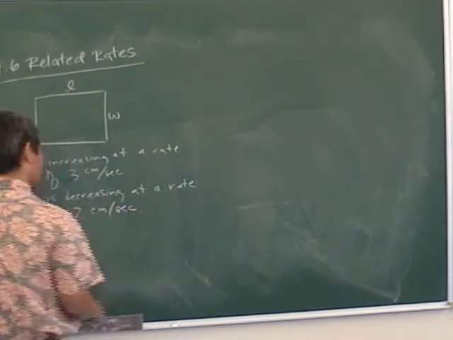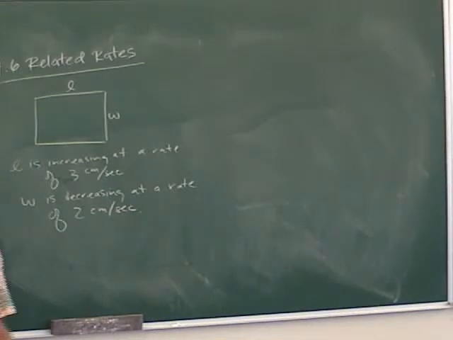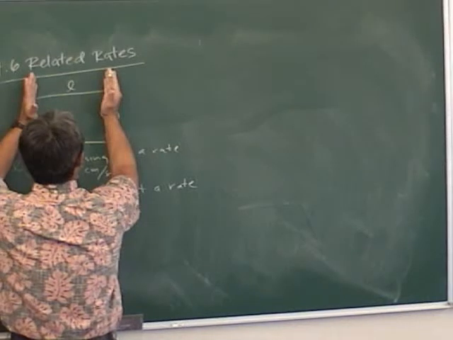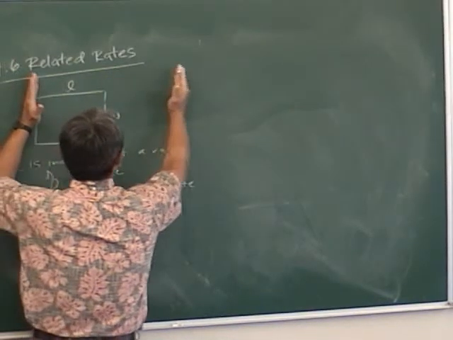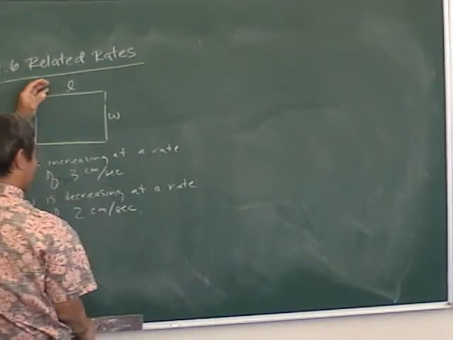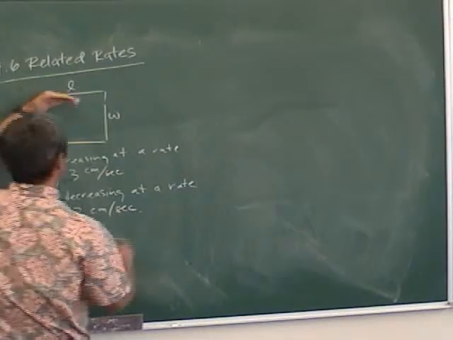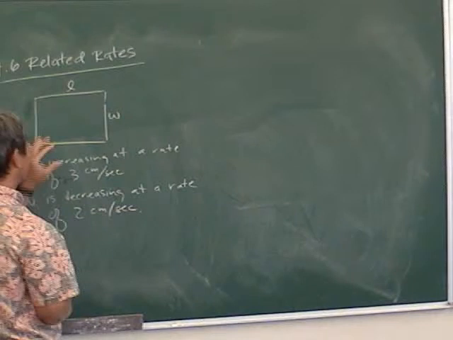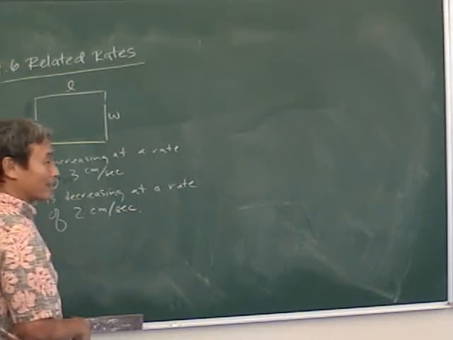So can you see what's going on? There's a rectangle. The length is getting bigger, 3 centimeters per second, but the width is getting smaller at the rate of 2 centimeters per second, so it's shrinking like that. So what does the picture look like 1 second from now?